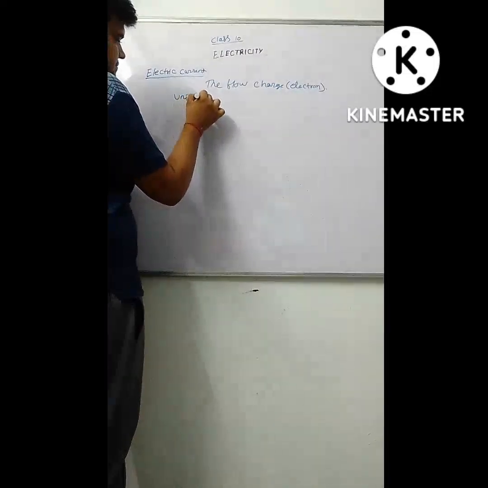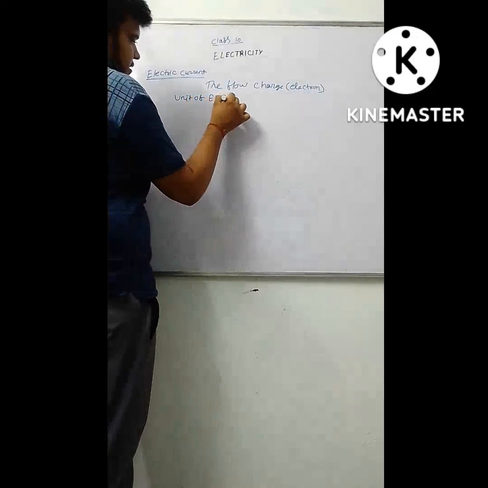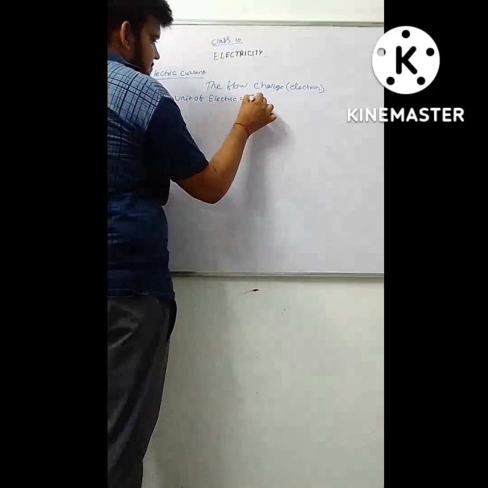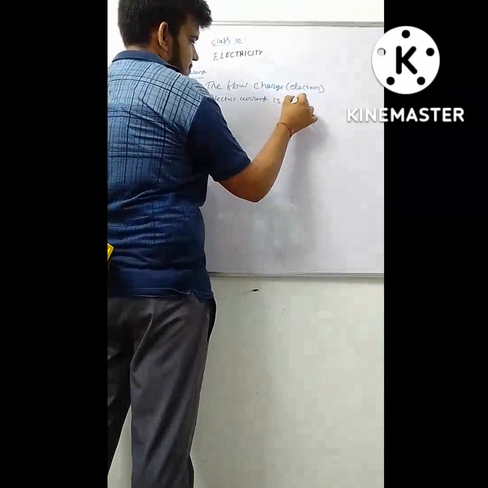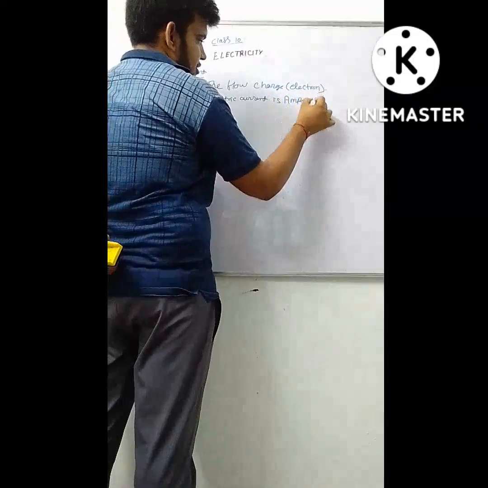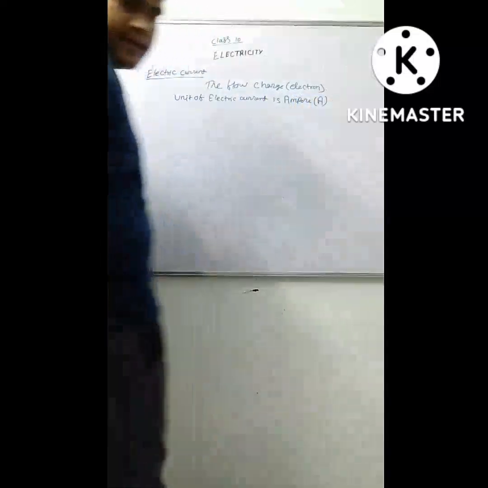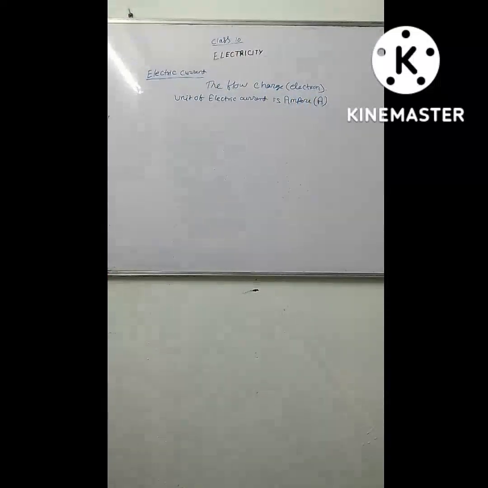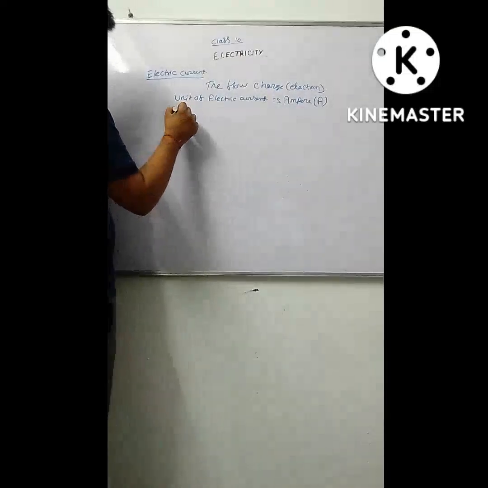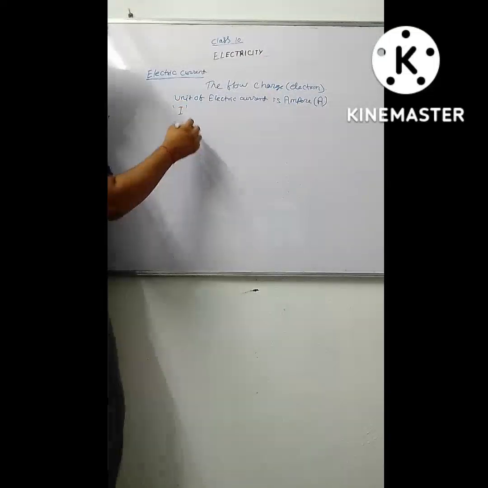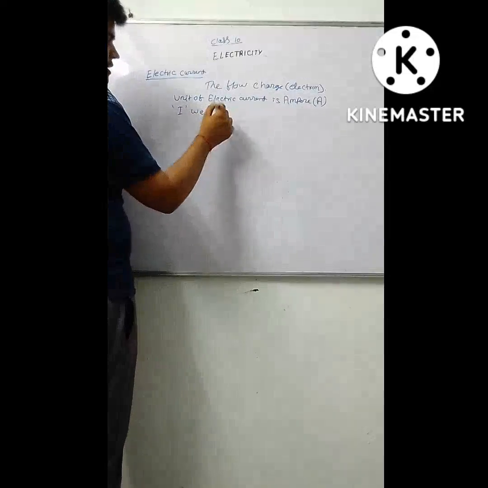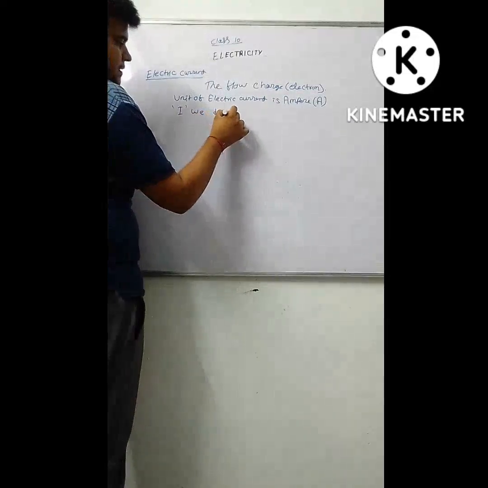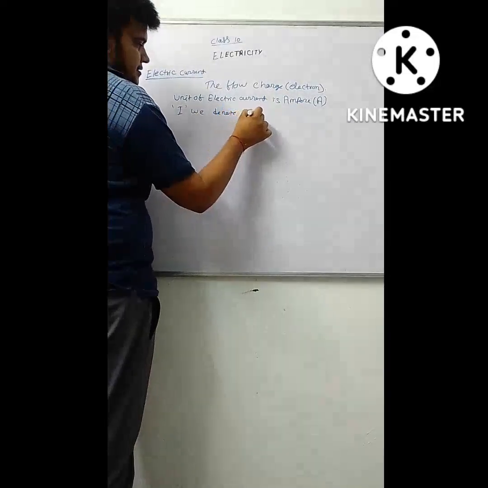Now, what is the unit of electric current? The unit of electric current is ampere, denoted by capital A. By capital I, we denote electric current.